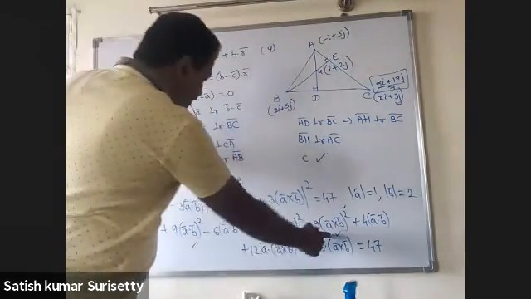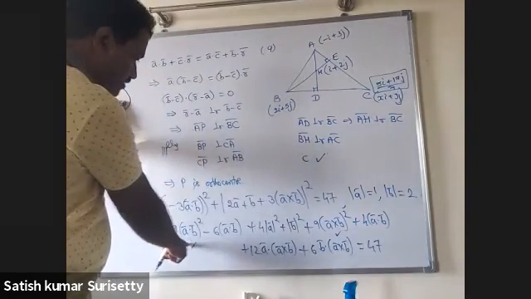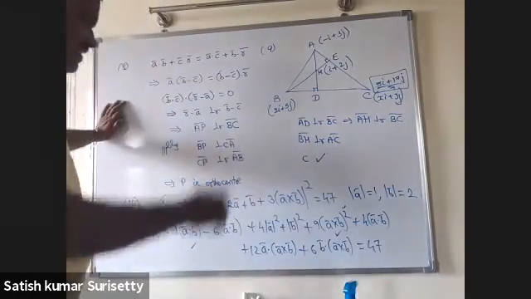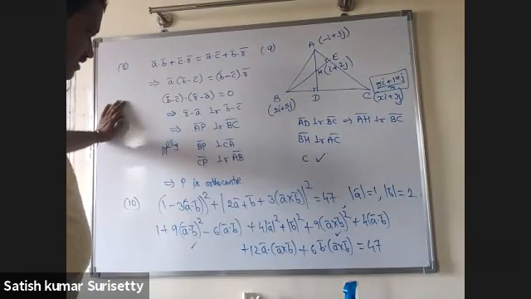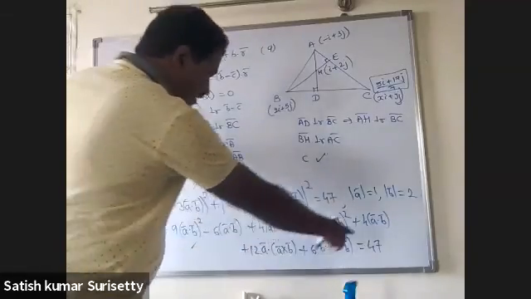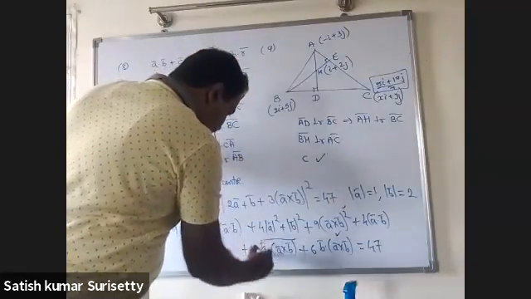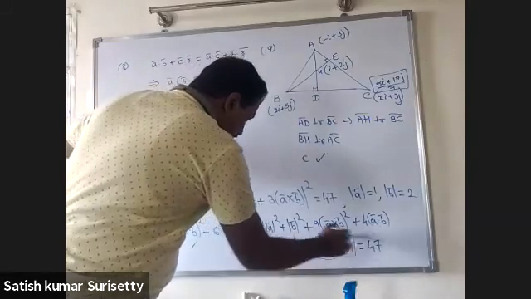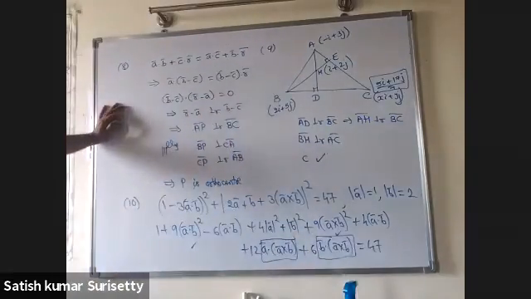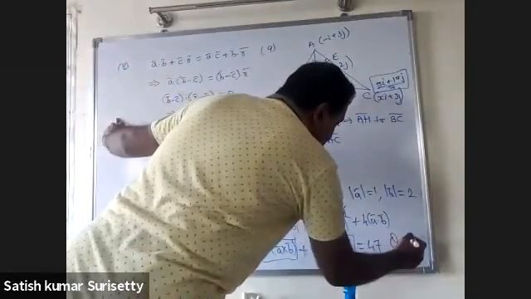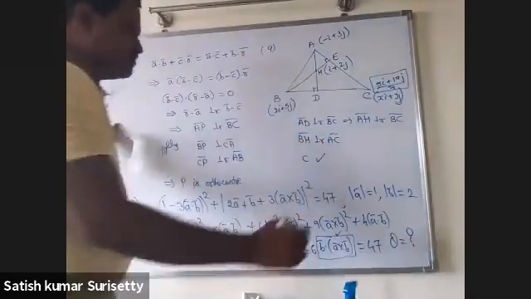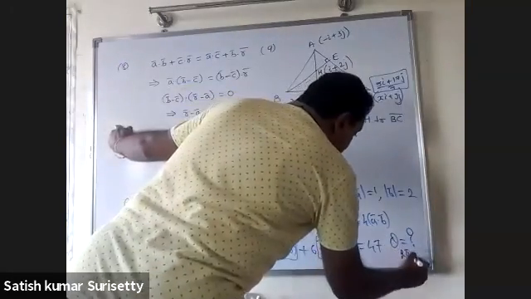So these two I can write as 9 into mod a square mod b square. And if theta is the angle between a bar and b bar, then all this you can write in terms of theta. And this is 0, and this is also 0. And simplify. Then you will find that theta equals the answer. We should get 2 pi by 3.